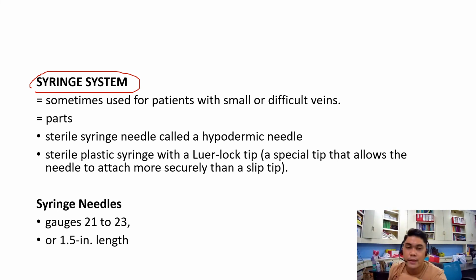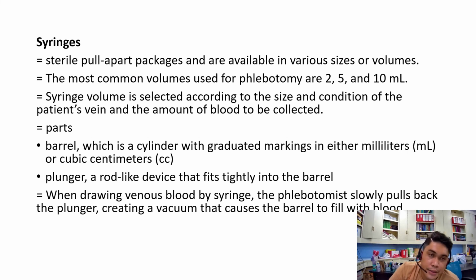Okay, so needles, syringe needles or hypodermic needles, the usual gauge is 21 to 23, and the length is 1 or 1.5 inches. Then syringes are available in sterile pull-apart packages, and they're also available in various sizes or volumes.